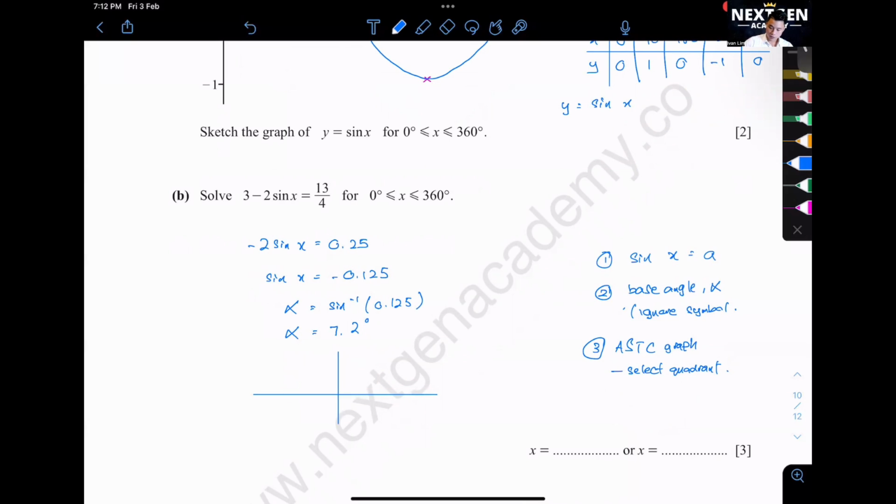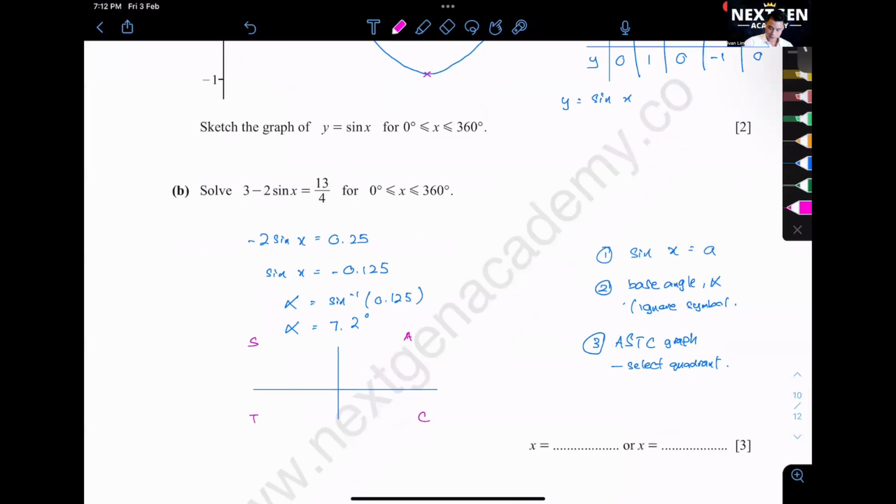Which quadrant is this? My sign is negative. So quadrant T and C, right? Quadrant 3 and 4, because here my sign is negative, here my sign is also negative.